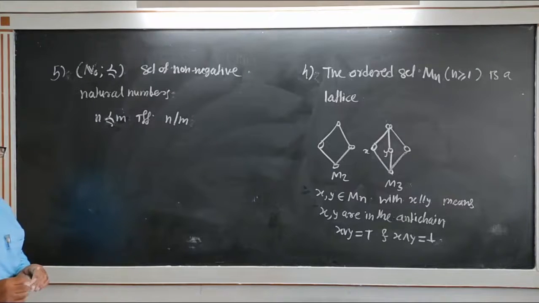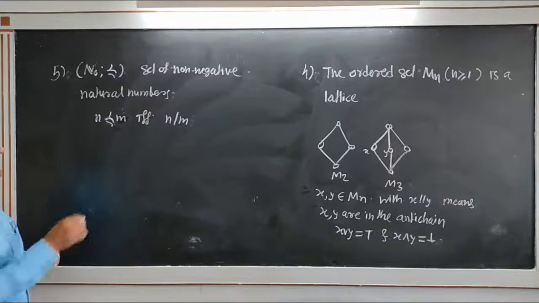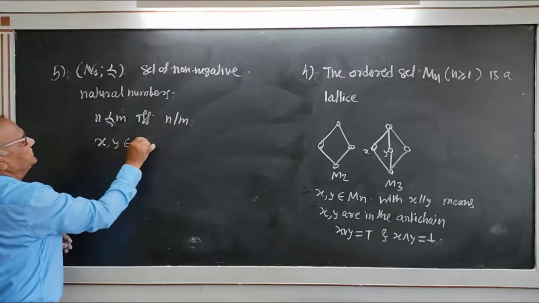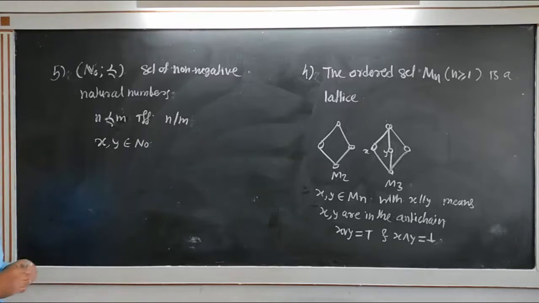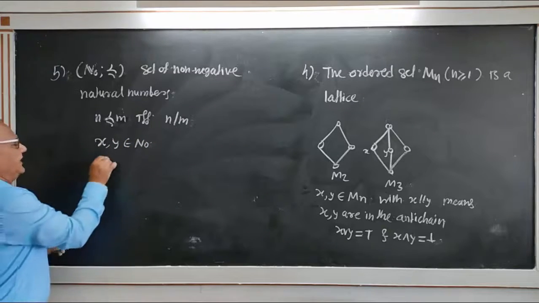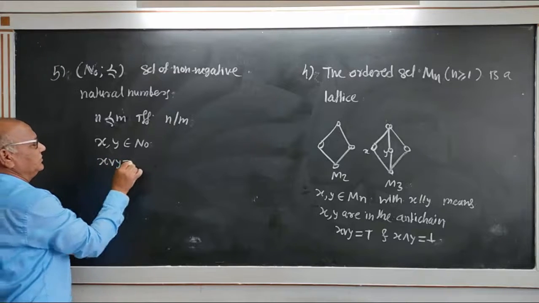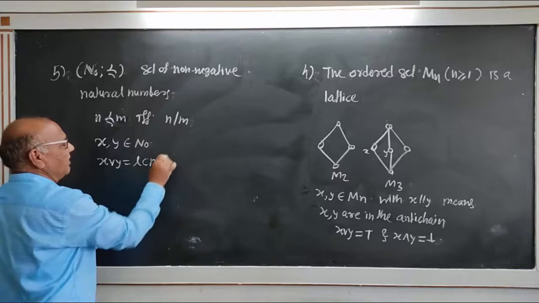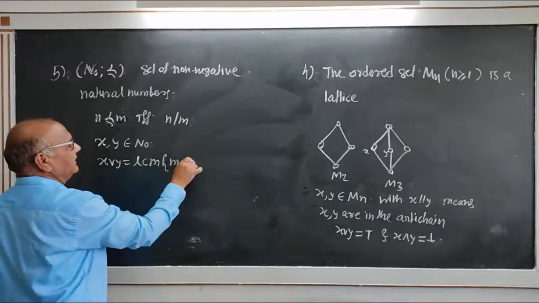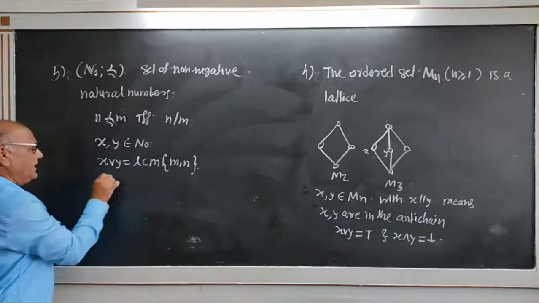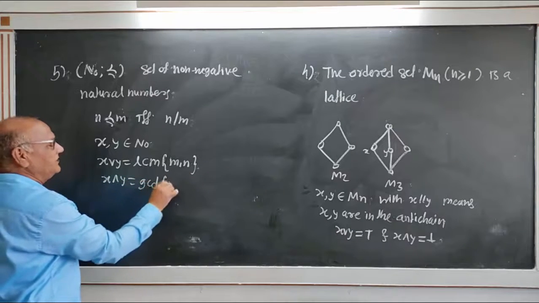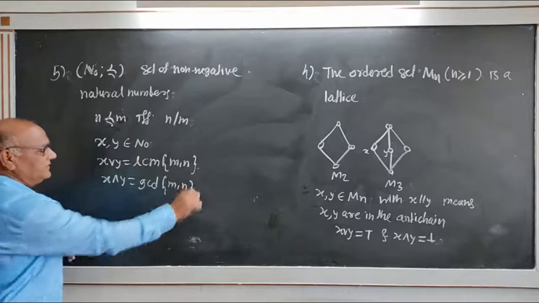Here x, y belong to N_0. x join y is equal to the LCM, least common multiple, of m and n, and x meet y is equal to the GCD of m and n.